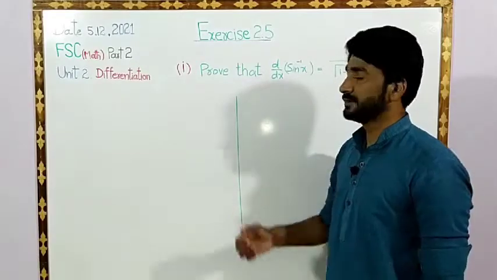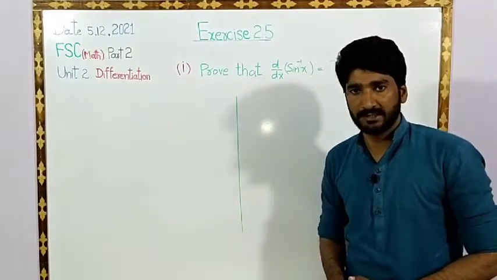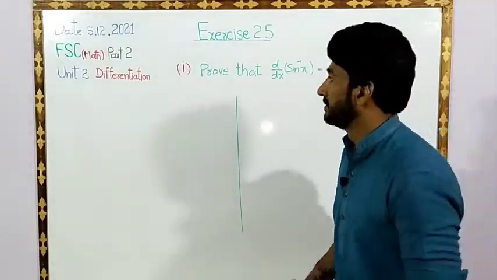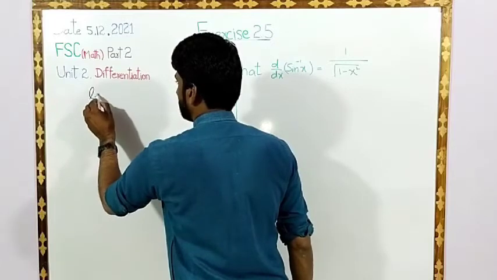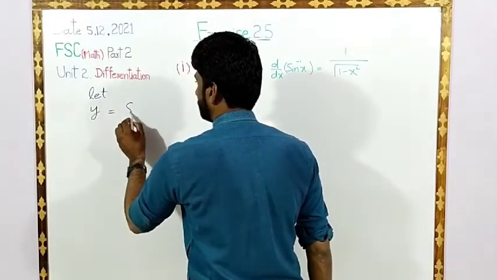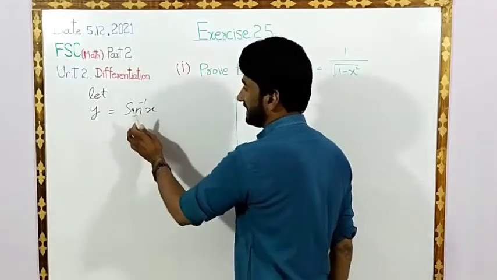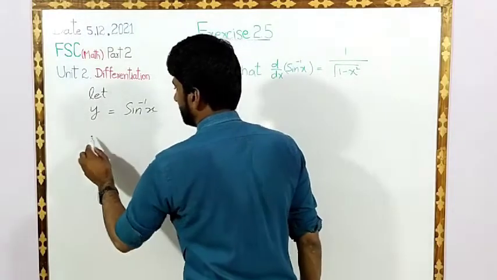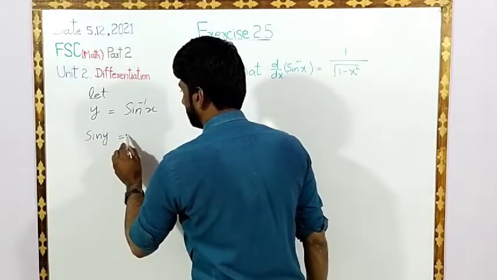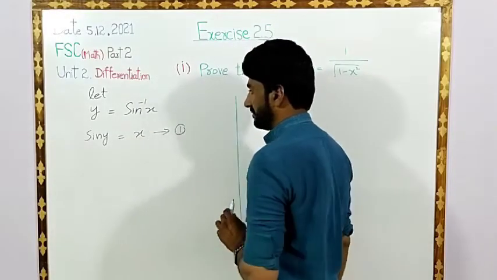Prove that d over dx of sin inverse x is equal to 1 over under root 1 minus x square. First of all, let y is equal to sin inverse x, and we take sin to the right side. This will be written as sin y is equal to x, and this is equation number 1.